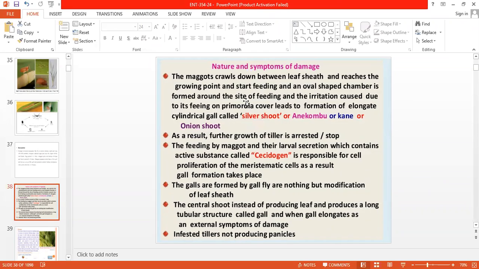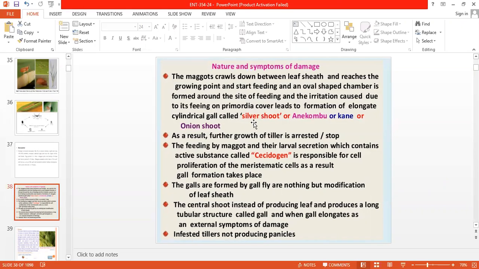So mainly the maggots feed on the growing portion of the shoots, and due to that infestation they form a tube-like or gall-like structure.